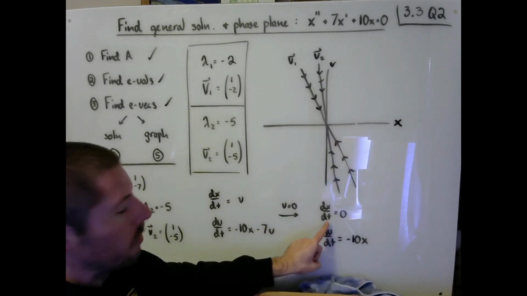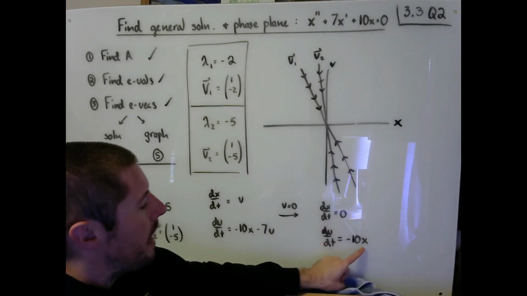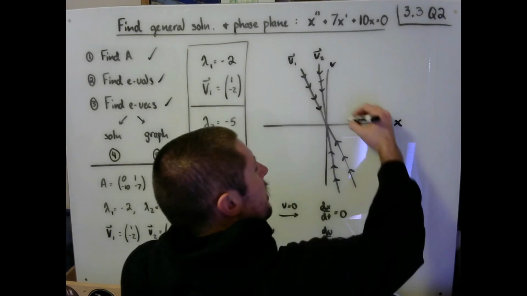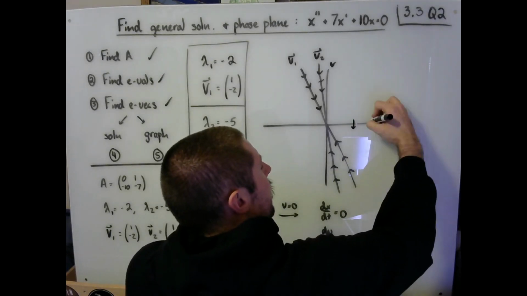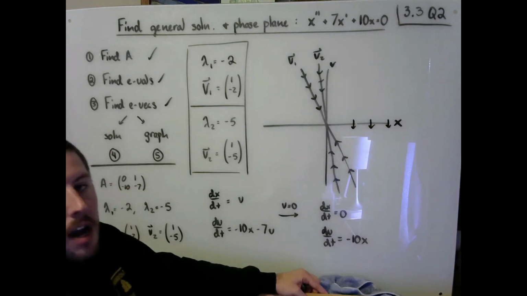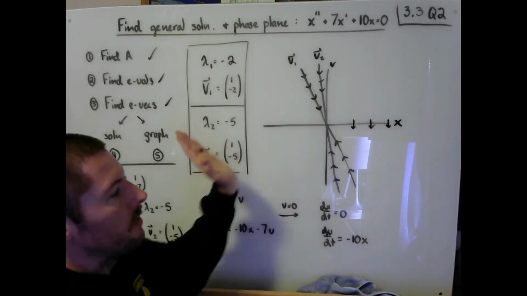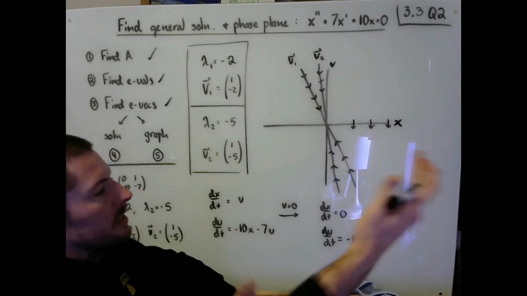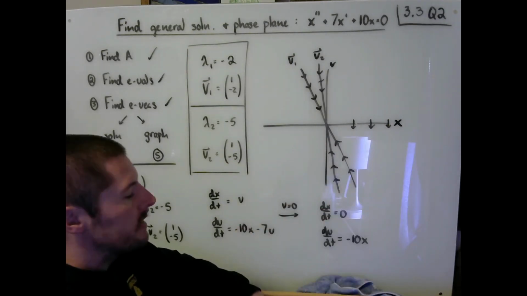That says don't go left or right at all, but if x is positive, we should be heading down. Negative 10 is our dv dt value. So I'm seeing that anywhere that we're on the positive x-axis, our direction should be straight down. And the further out we go, the stronger those vectors are. Those should be getting bigger and bigger as we move further away. I just never draw the right sizes.